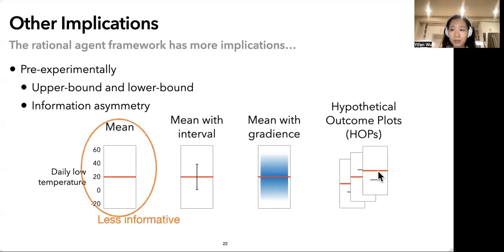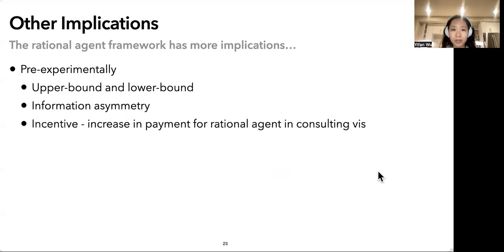So pre-experimentally, the experimenter cannot expect mean visualization to perform as well as the other three. Also this can help the experimenter analyze the increase in payment for a rational agent by consulting the visualization. So this helps the experimenter quantify what the incentive is in this experiment.